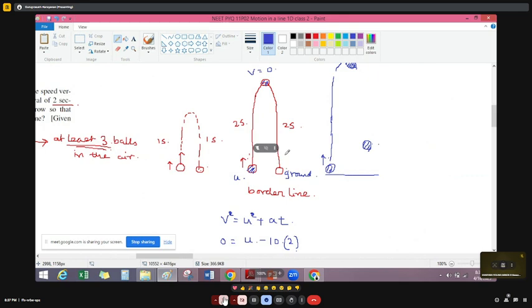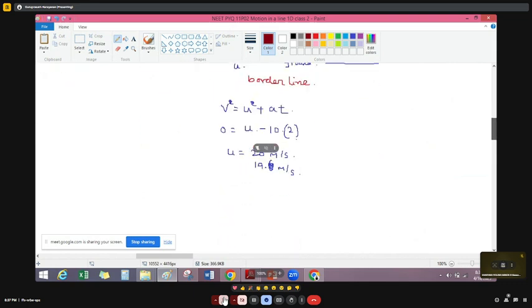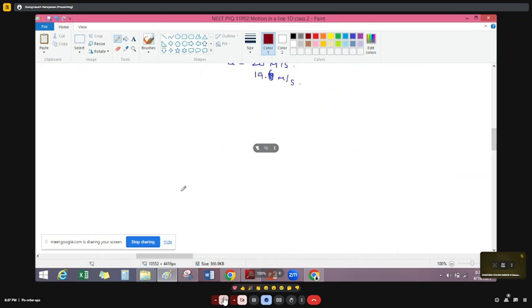We can try that as a borderline. Are you following what I'm saying? Suppose in the question they said more than 3 balls, then I will be modifying this, starting here.